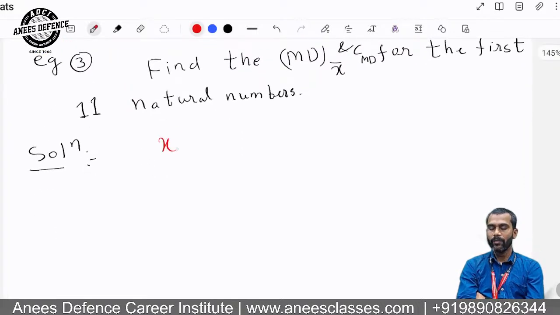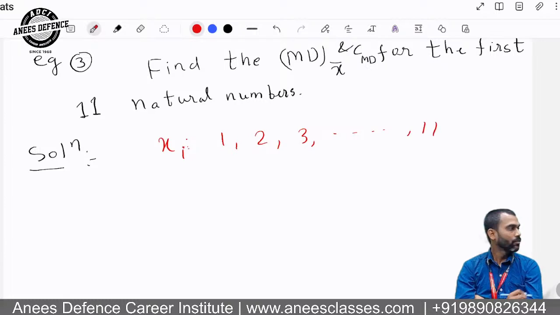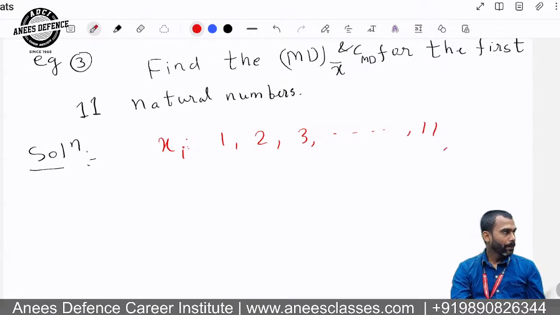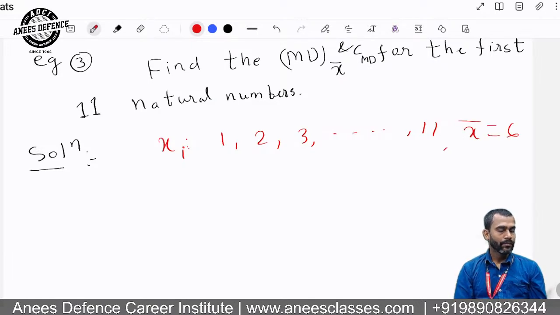So xi is nothing but 1, 2, 3 up to 11. Now what is x bar? All are in AP. So the arithmetic mean is first term plus last term divided by 2. That is 6. Can I write x bar is 6 directly? Now we need to find out xi minus x bar.